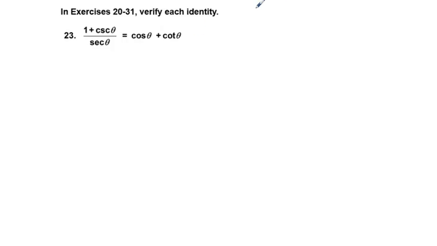And what we're going to do is take this reciprocal identity that cosecant theta is equal to 1 over sine theta. And also in the denominator on the left side, that secant theta is equal to 1 over cosine theta. And so we're going to use those identities first on the left side.